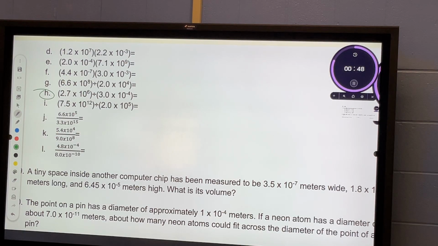Alright. That's 10 to the 6th power divided by 3 times 10 to the negative fourth power.